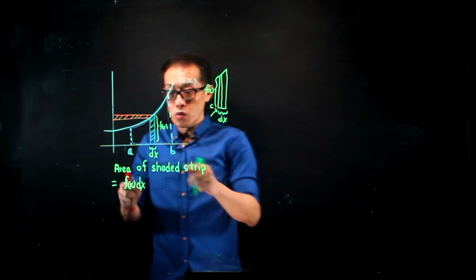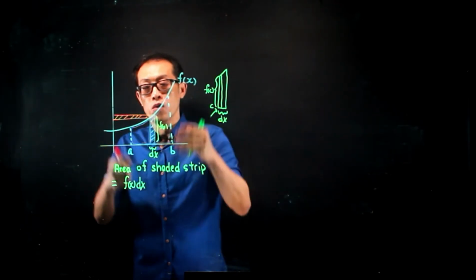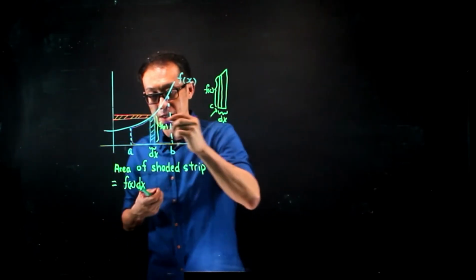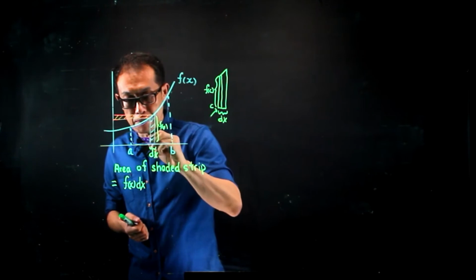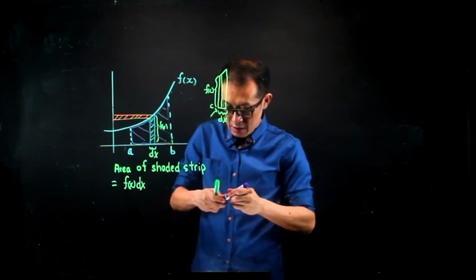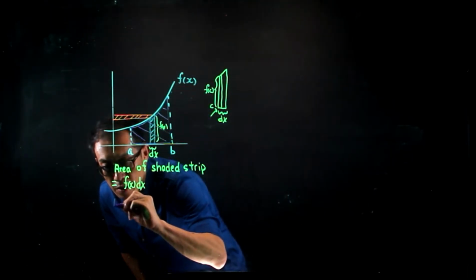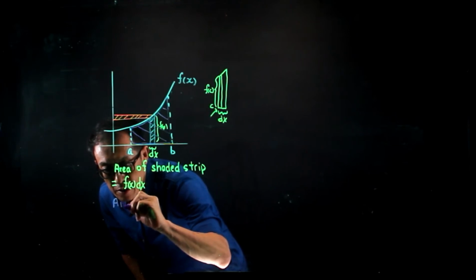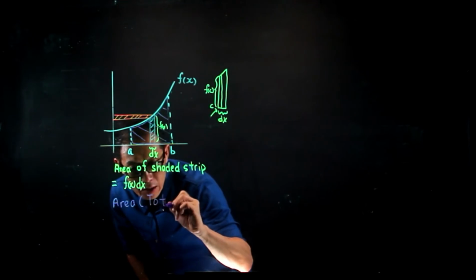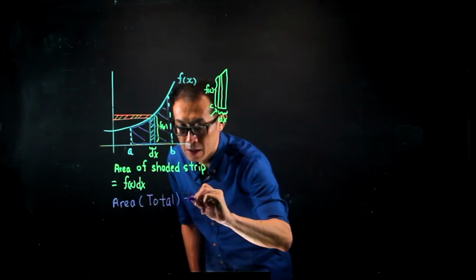Now what is the area of this whole purplish shaded part? The total area, I call it total. What would that be?